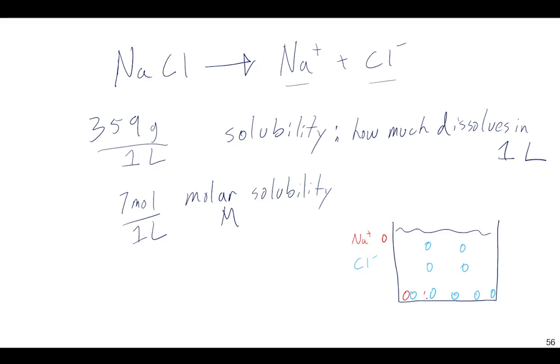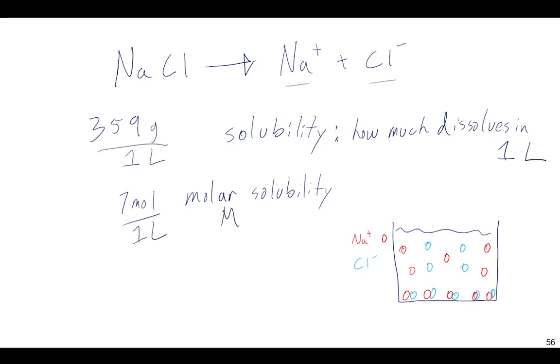So some has precipitated out at the bottom of the container. Some is still floating around as ions. Okay, so these up here are the ones floating around as Na+ and Cl-. These down here are precipitated out solid sodium chloride.